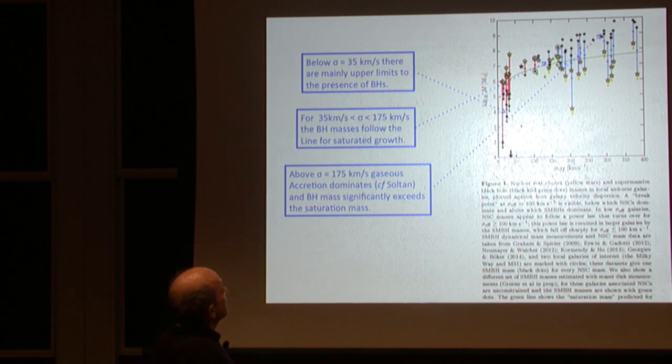There's only upper bounds. Then there's a range, which is normal galaxies like ourselves and Andromeda, where the formula fits and you have just nearly what you'd have for the runaway. And then there are high mass black holes where the nuclear star clusters are much lower, in fact lower in mass if they exist at all, and you have very high mass black holes.